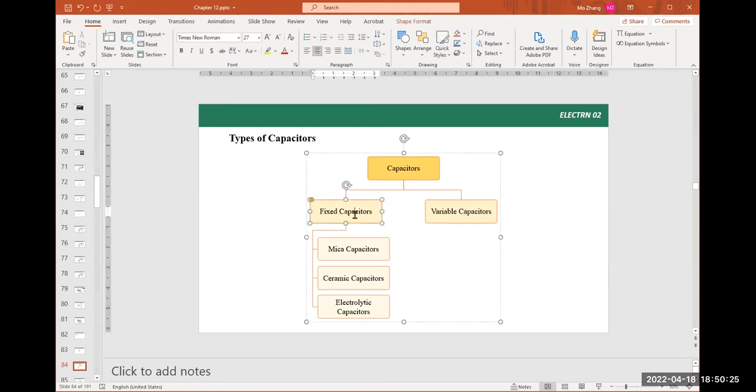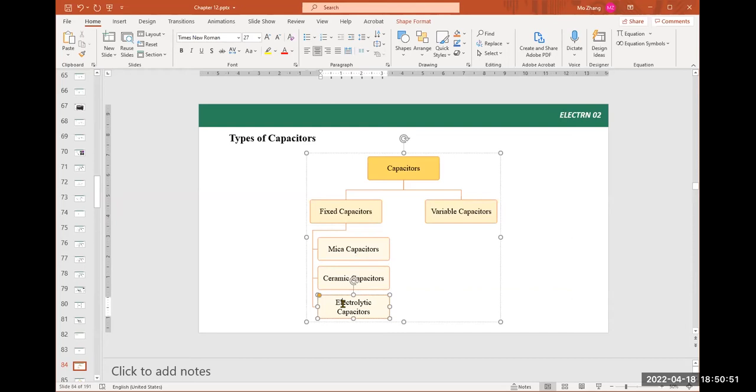So, fixed and variable capacitors. Under the fixed capacitors, there are many, more than 3, but I only put the most popular 3 kinds of capacitors. Mica, made of minerals. Then ceramic, made of ceramic materials.